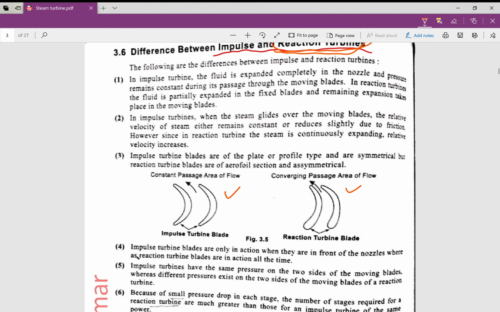Written: constant pressure, constant passage area of flow. Steam enters in this way, it goes out. Just watch, between these two consecutive blades this passage area is the same throughout, and henceforth there is no difference of pressure of steam between section 1 and section 2.